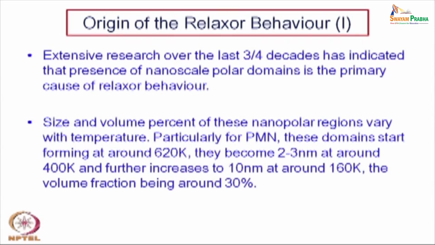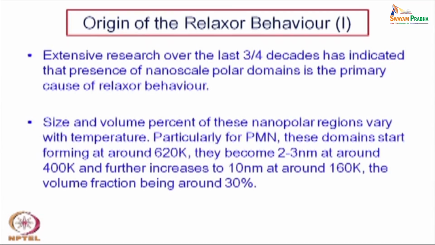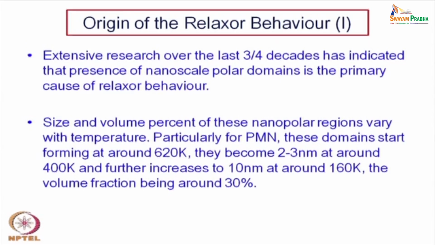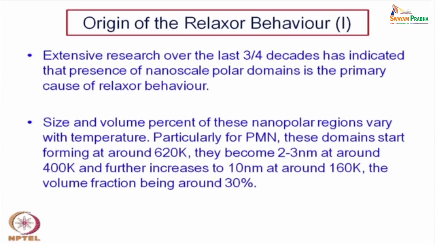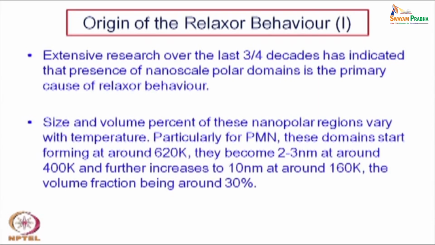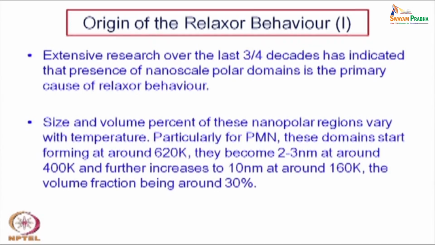All ferroelectrics are supposed to have domains of certain size and certain other characters. In this case also you have domains, but the basic difference is compared to the normal domain size, which is of the order of microns.